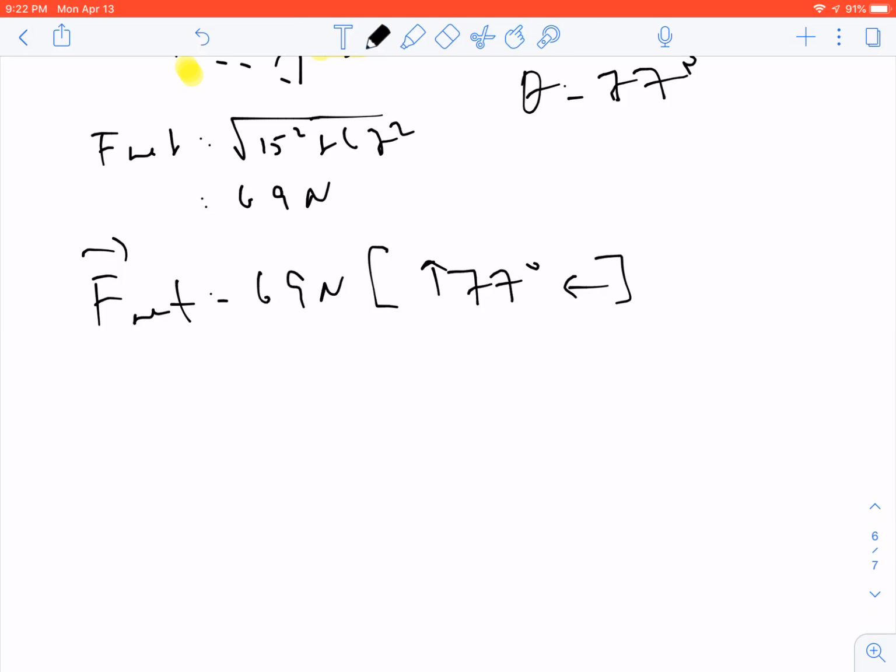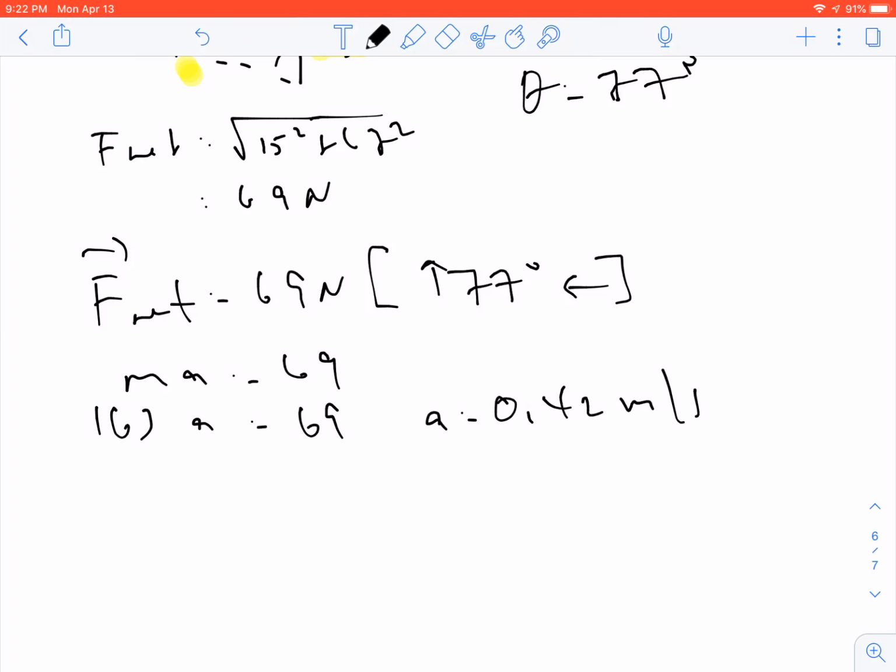So if I know it's a 163 kilogram motor, I can solve for the acceleration. 69 over 163, which is 0.42 meters per second squared. And I know the direction is up 77 degrees left. It doesn't really matter to me how you do your directions, with arrows or with letters.